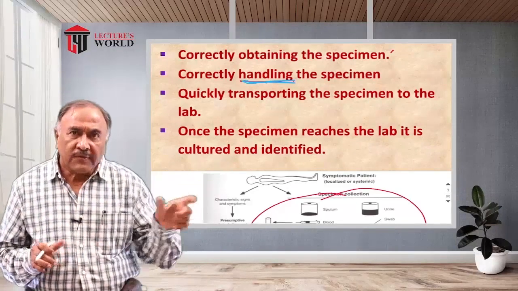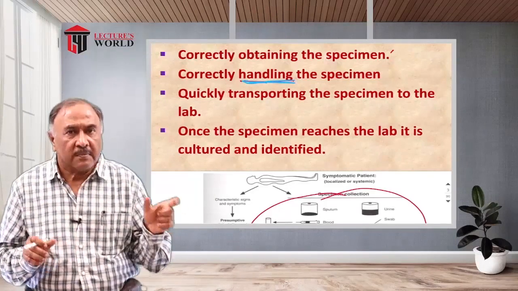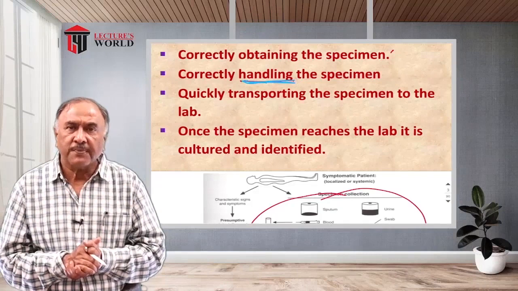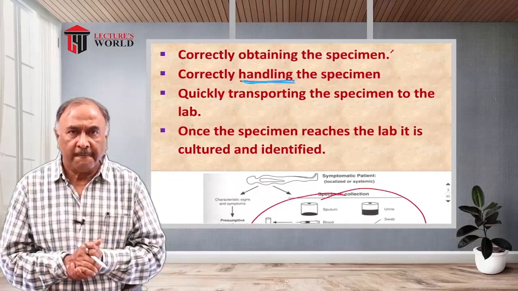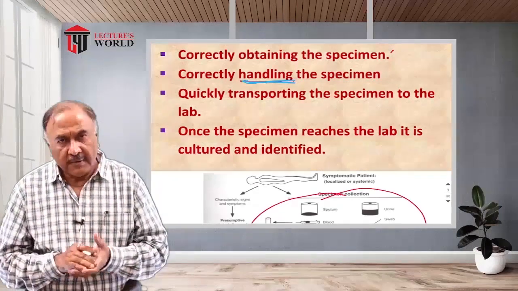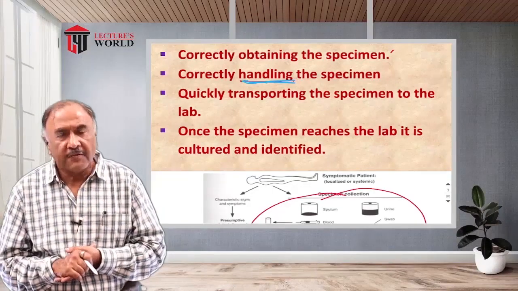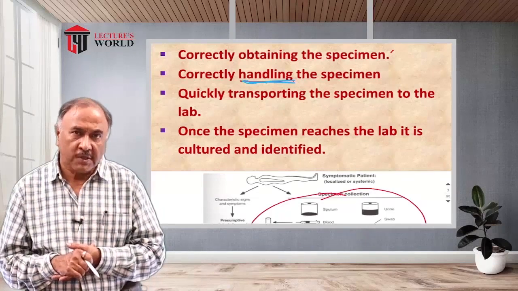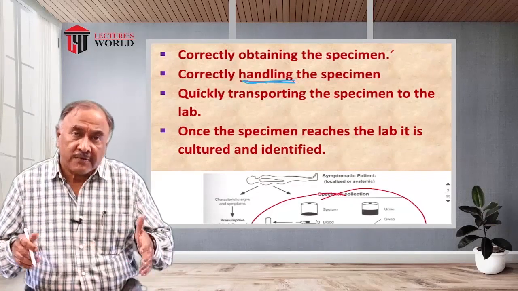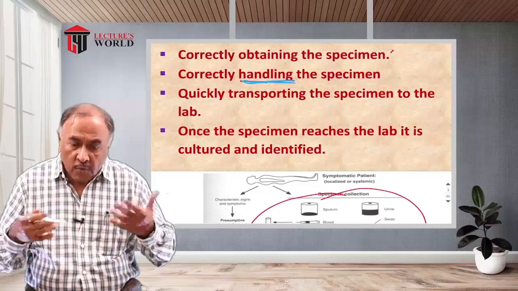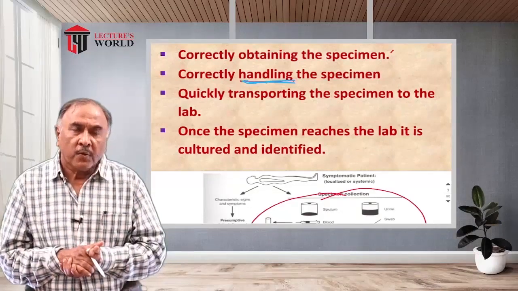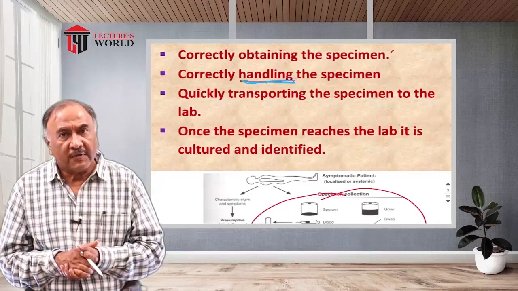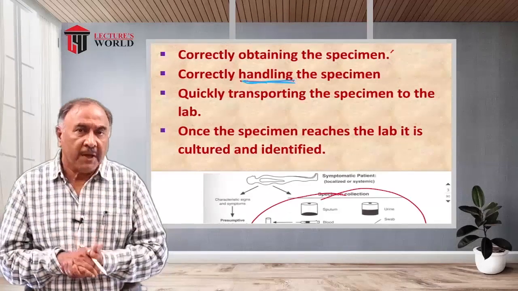Now, during this time period, it is to be seen that proper transportation procedures are being followed. That is, proper storing of the specimen at a low temperature so that the specimen does not deteriorate and contaminants and other things may not overgrow. So it should be properly preserved. If necessary, certain preservatives can be added.